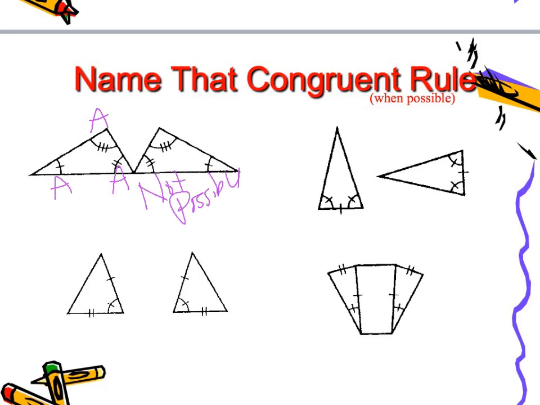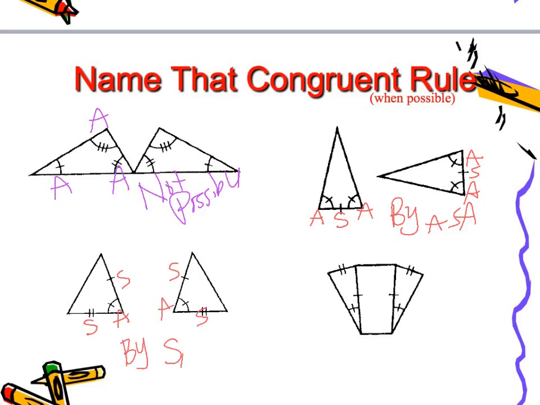Okay, the one here on the right, we have an angle marked, a side, and an angle. Angle, side, angle. So this one would be congruent by angle, side, angle. Okay, over here on the left, I got side, angle, side, and this one has the same markings in the same order, so this would be congruent by SAS.